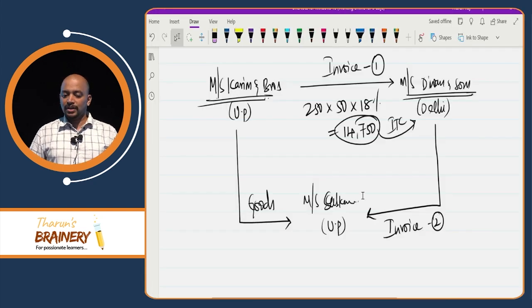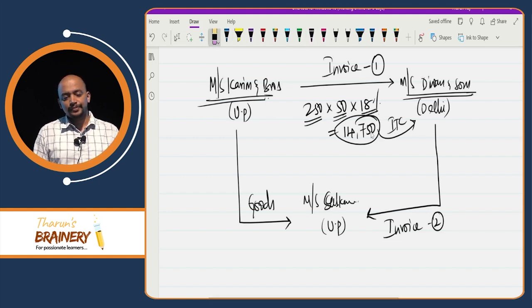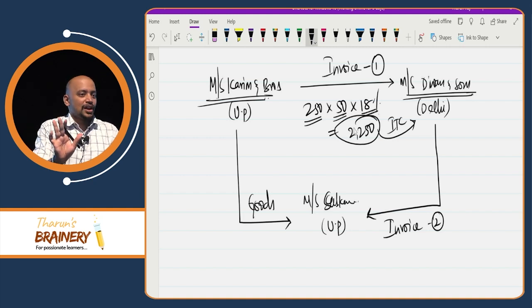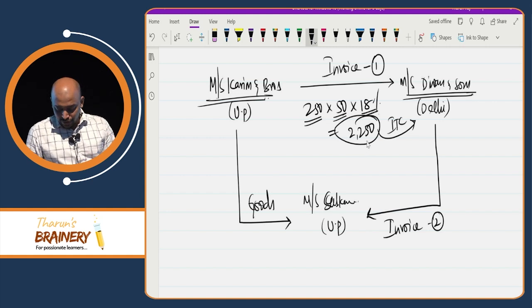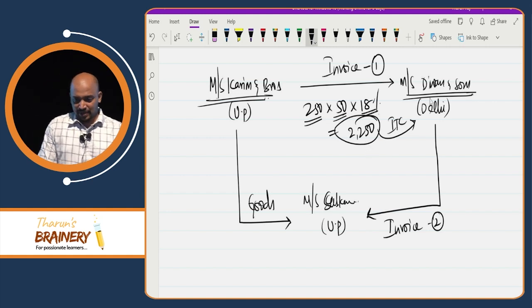You only told me, pa, I wrote 250 into 50 into 18%. How much? Okay, fine, no issue. 2,250. In the exam, ensure that you are not making this mistake, because you only computed and told me. So 2,250 will be taken as ITC by Diwan and Sons.